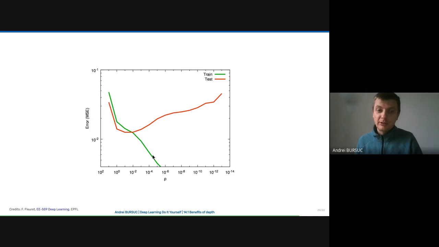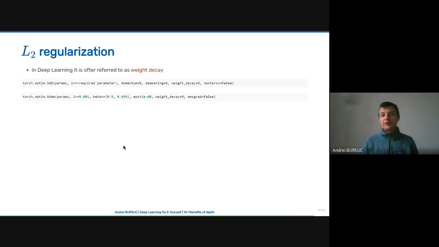We can see here the same curve, but now based on the regularization value. When we have practically no regularization, the train loss is 0, while the test error goes sky high. So the sweet spot should be somewhere here. That's why I was mentioning L2 regularization, because it's quite common in deep learning.